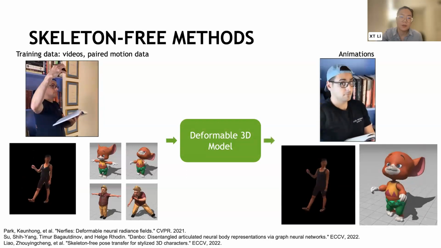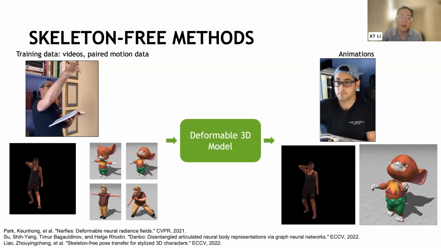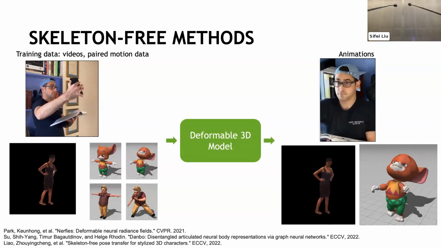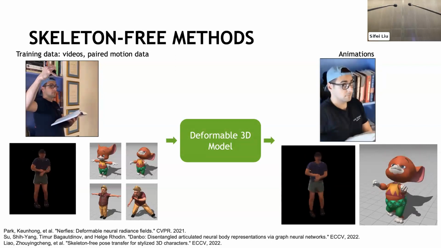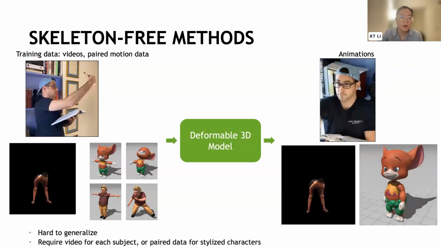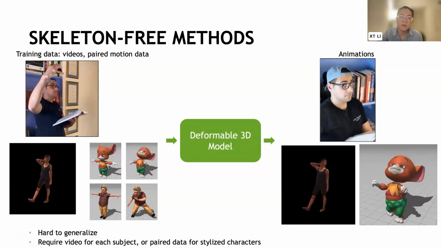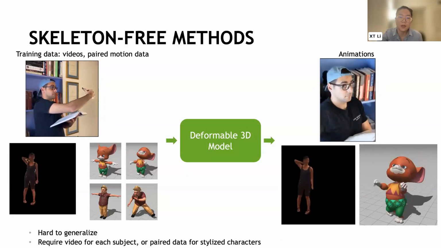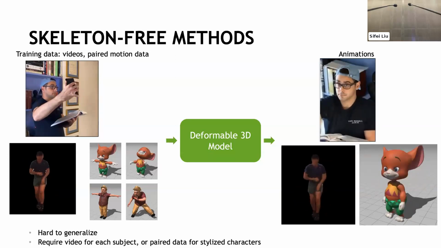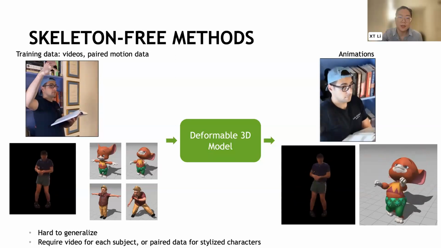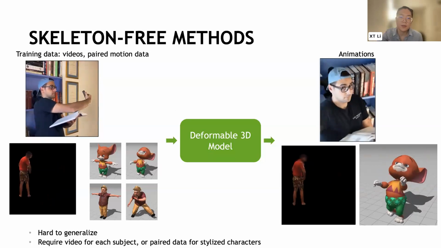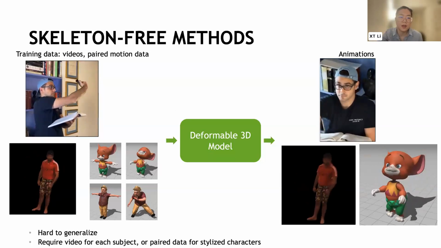So after training, we can use the learned 3D geometry together with the deformable fields to animate the character during inference. Those methods often produce very impressive high-quality results because of the powerful implicit representations that they use, but they struggle to generalize to arbitrary subjects during testing.